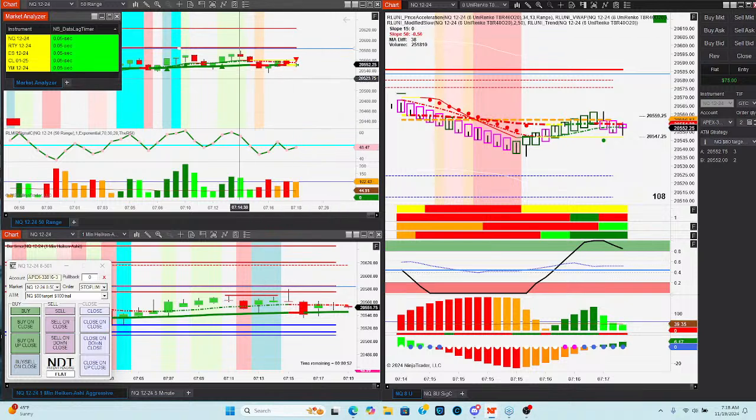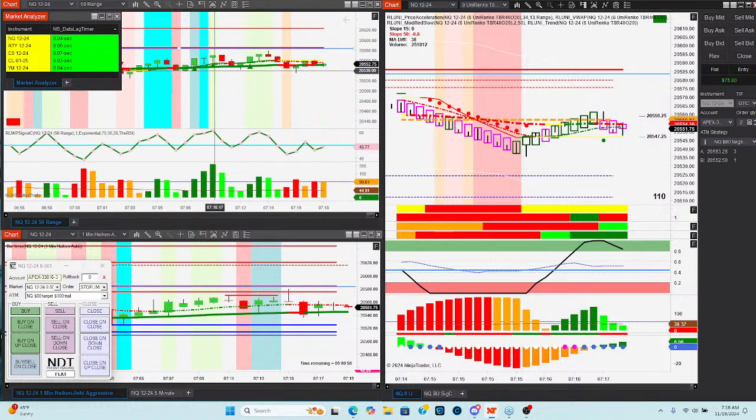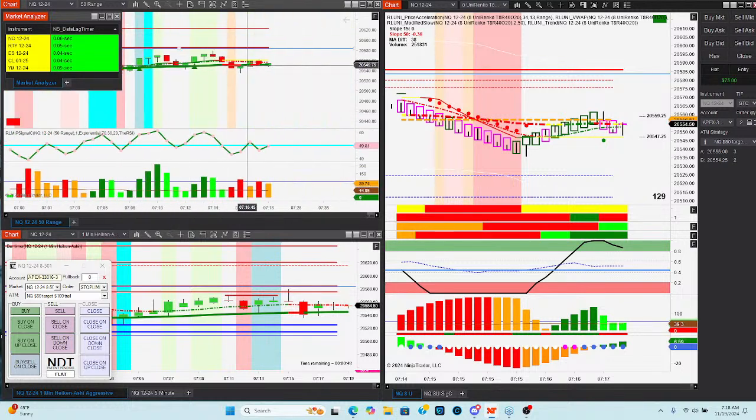Okay, you can see the whole day this has been riding along the 50 and not getting a whole lot of separation.